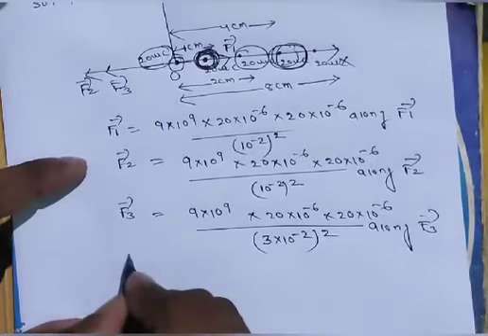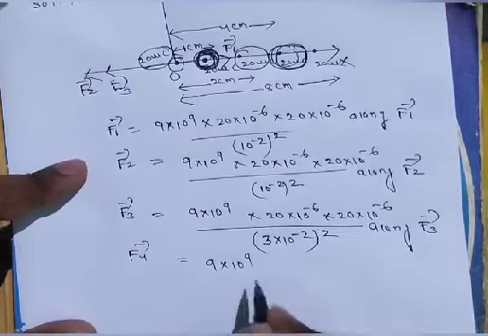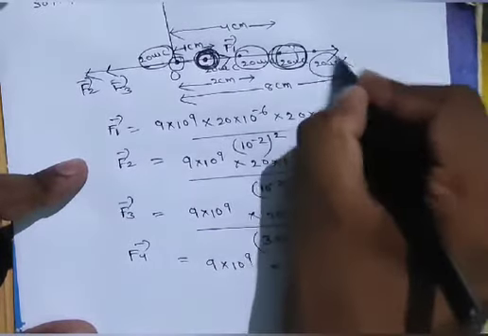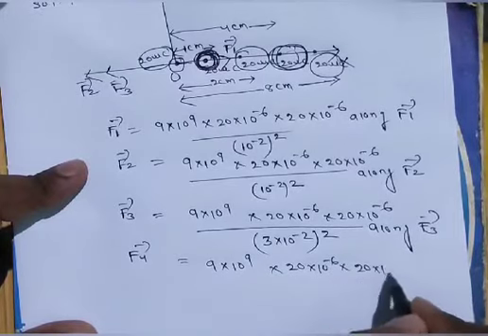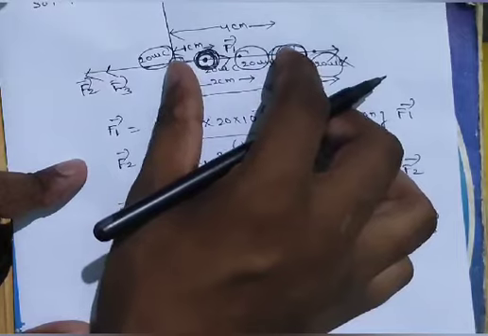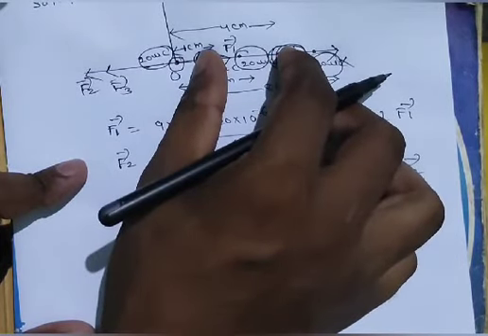Now F4 will be what? It's simply 9 into 10 to the power 9, Q1 is 20 microcoulomb, and Q2 is also the same, 20 into 10 to the power minus 6 coulomb, and the distance will now be, total is 8 centimeter, this will be my 7 centimeter.